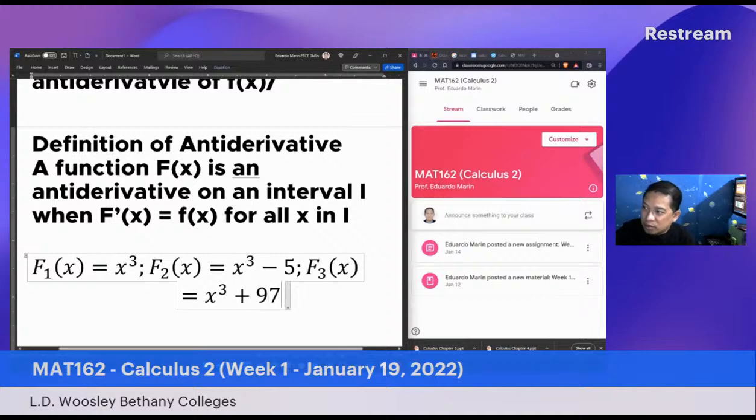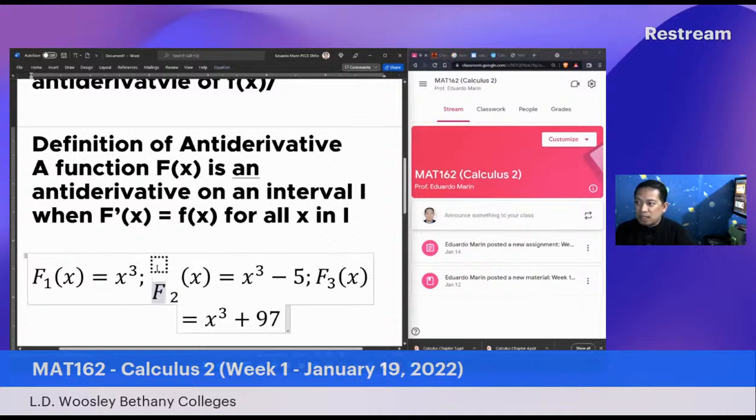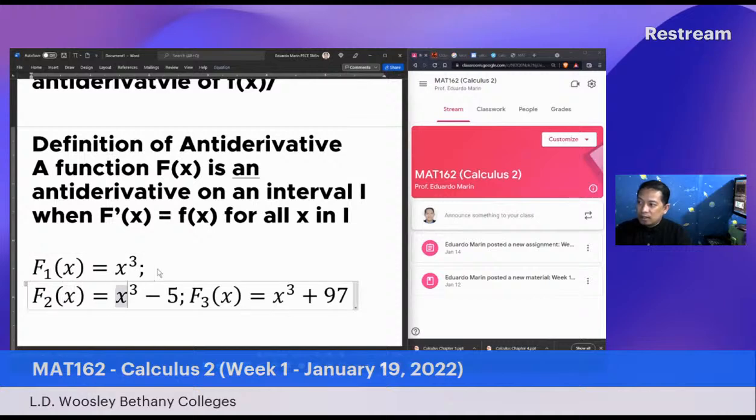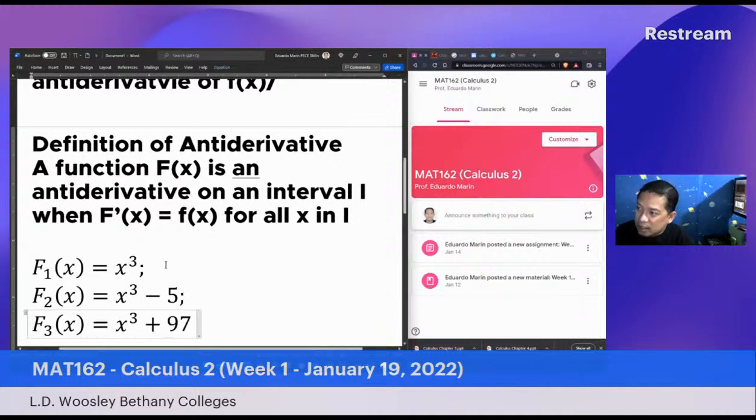All right, so what could you notice here? If we try to get the derivative of these antiderivatives, we will result in the function. Let's continue.